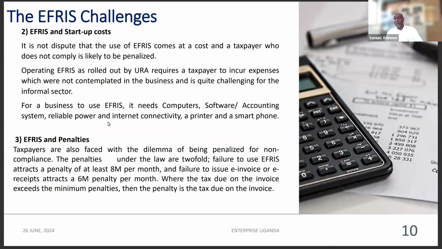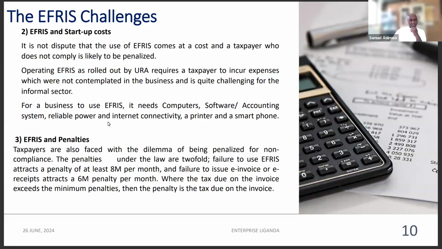The first scale issue is that once you don't use EFRIS, you have to be penalized. Operating on EFRIS, as was rolled out by URA, the taxpayer is likely to incur expenses that the business did not contemplate, and it is quite challenging within the informal sector.